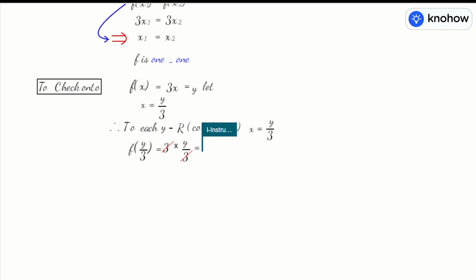So to each value of y we can work out its pre-image as y by 3, such that the image of y by 3 is y, and hence the given function f is onto. So the present function f is one-one onto. You just check which choice is this. Do you find it is the first choice, A?